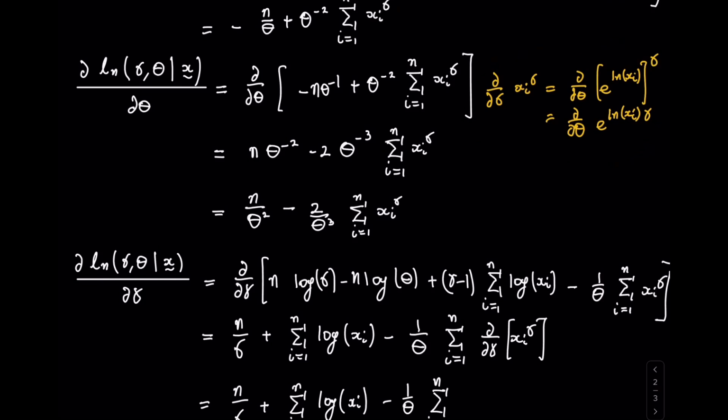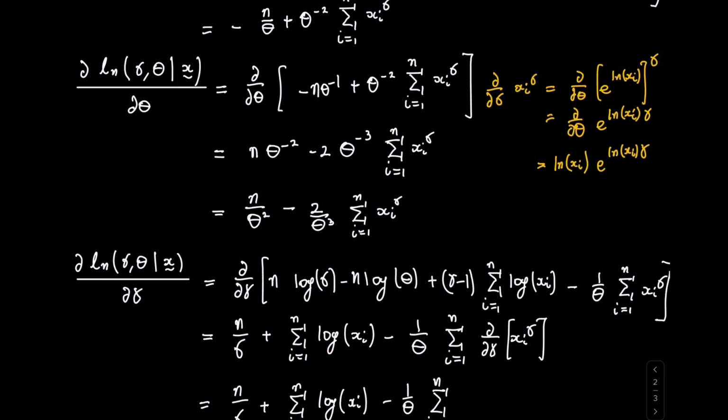And now, because it's in the form e to the power of something times gamma, we know how to differentiate e at least. The scaling factor needs to come out the front. And so what we've got is equal to ln xi e to the ln xi gamma. However, we know what e to the ln xi gamma is.